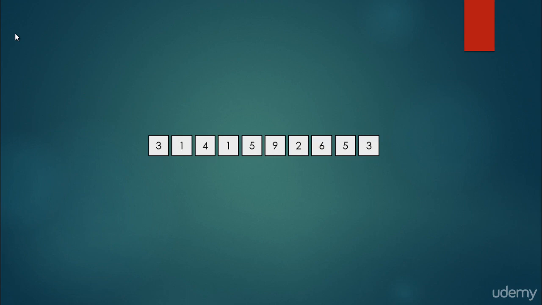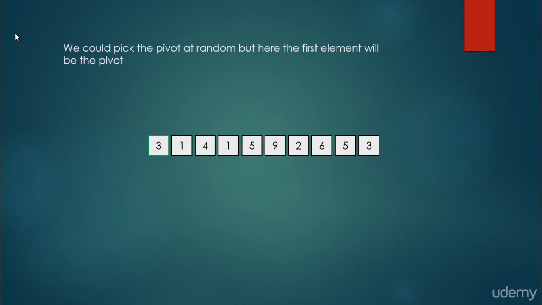We have an unsorted array, and in this situation the pivot element will be the leftmost, but we could pick the pivot at random. Here the first element will be the pivot, and the algorithm can be easily formalized to random indexing concerning pivoting, and it's not so hard. But in this situation we are focusing on the leftmost indexing, and we choose the leftmost element to be the pivot.